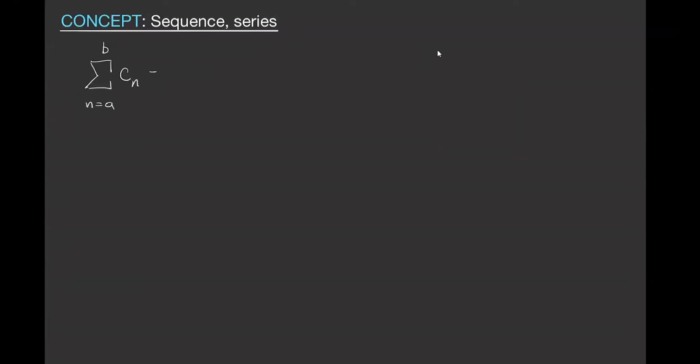Hopefully this is not too many letters, but I need a sensible place to start it and end it. What we get is the following. We get C sub A plus C sub A plus 1 plus C sub A plus 2, and so on, up till we get to C sub B minus 1 plus C sub B, like this.